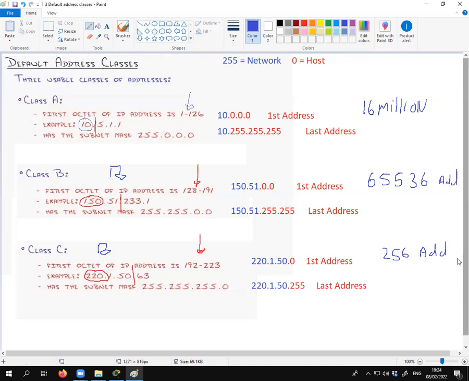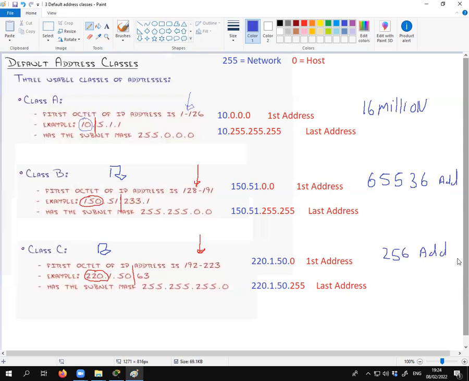Okay. Now, I want to make a very clear distinction between the number of addresses in the network and the number of usable hosts. Because there is a rule when it comes to subnetting that in every single network, you cannot use the very first IP address and you cannot use the very last IP address.